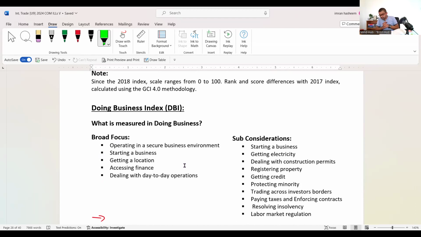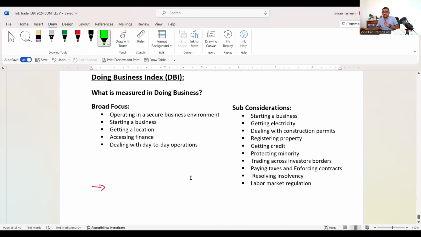There are a lot of broad focus areas and sub-considerations, but mainly we focus on operating in a secure business environment: how secure the business environment of a country is, both financially, economically, and security wise.